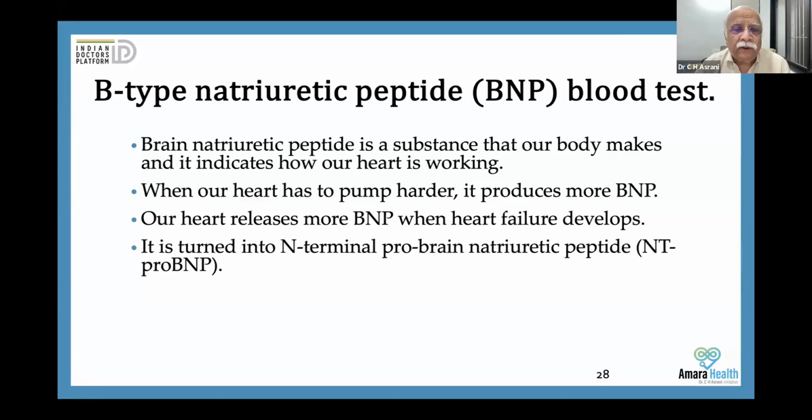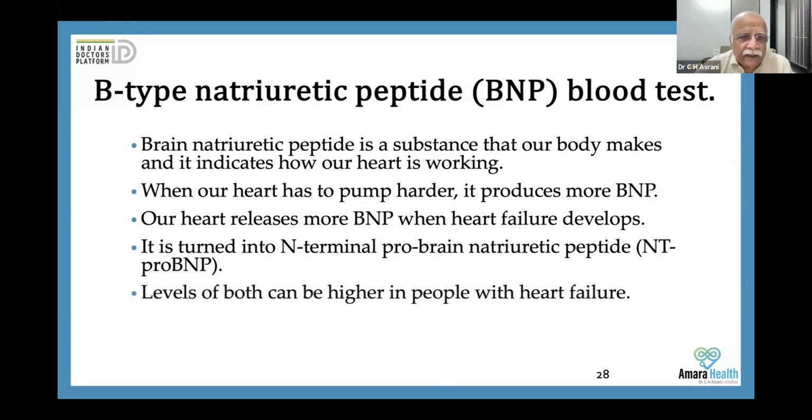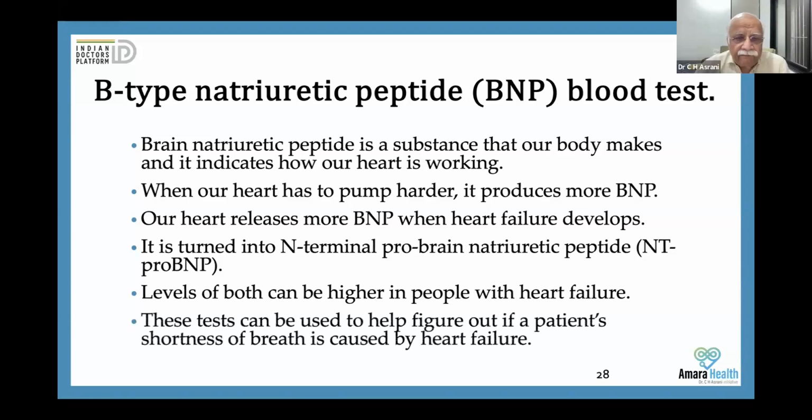Pro-BNP is turned into an N-terminal pro-natriuretic peptide. We call it NT-pro-BNP. So the test we do in our labs is called NT-pro-BNP. Levels of both can be higher in people with heart failure. These tests can be used to help figure out if a patient's shortness of breath, as I told you, is caused by heart failure or not.